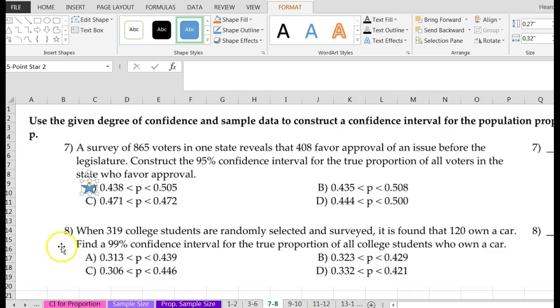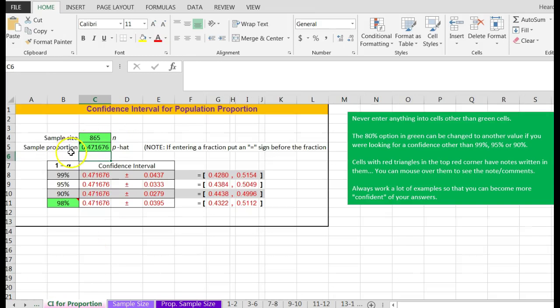Let's find that confidence interval. Boom. Sample size would be the total 319. The sample proportion would be equal to 120 divided by 319.